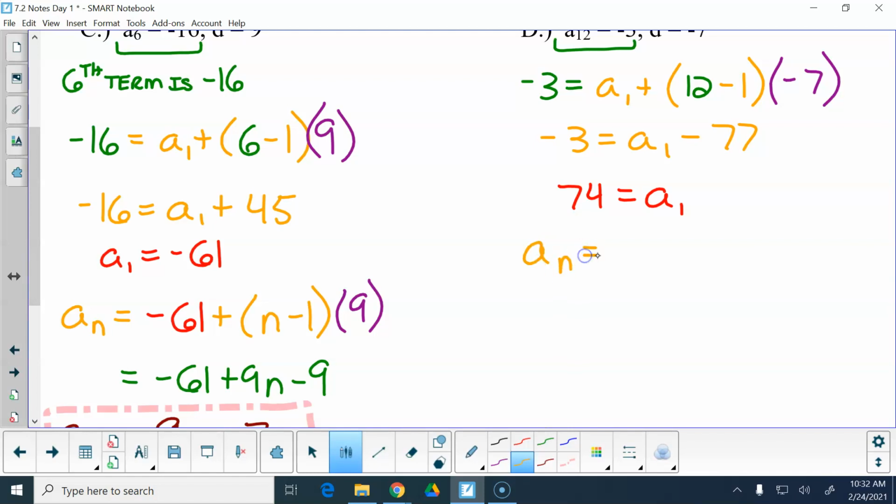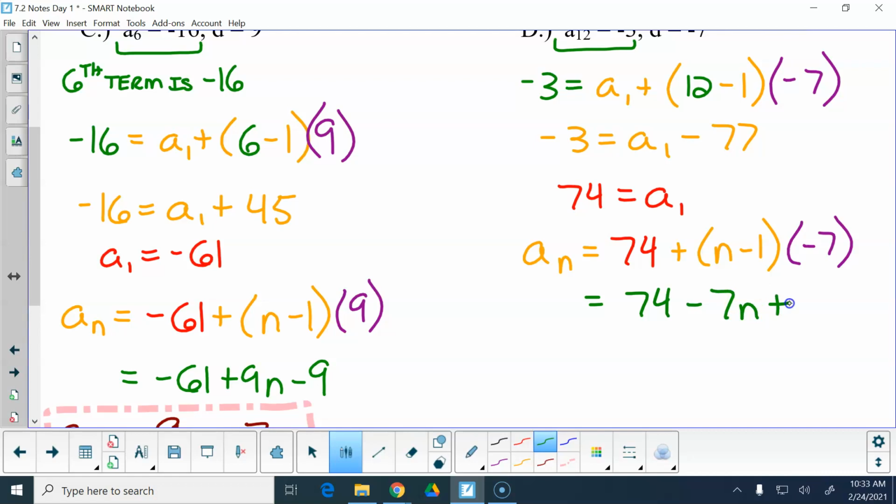A sub n is equal to 74 plus n minus 1 times my common difference of negative 7, and that would give me 74 minus 7n plus 7. So my rule here would be negative 7n plus 81.